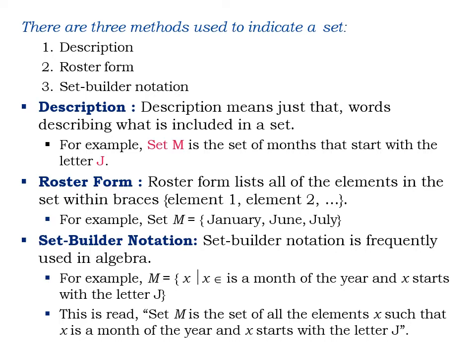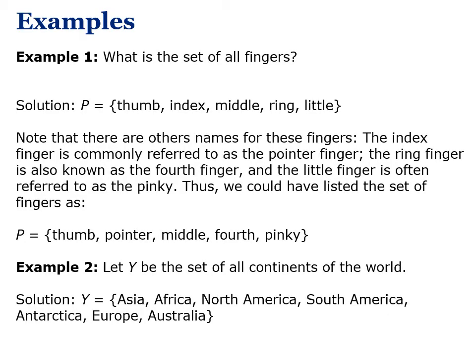Example: what is the set of all fingers? Our solution would be to list down all the fingers. P is equal to, or any possible letter could be used, the thumb, index, middle, ring, or little. Note that there are other names for these fingers.